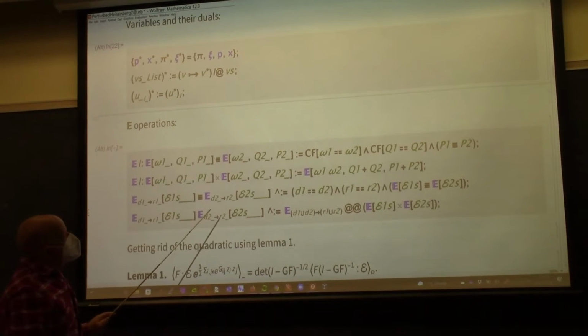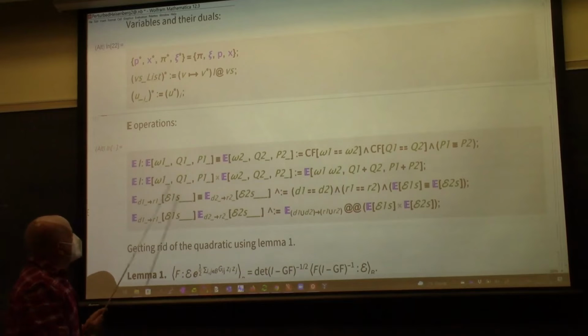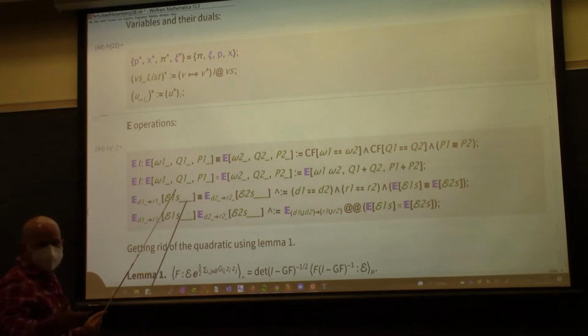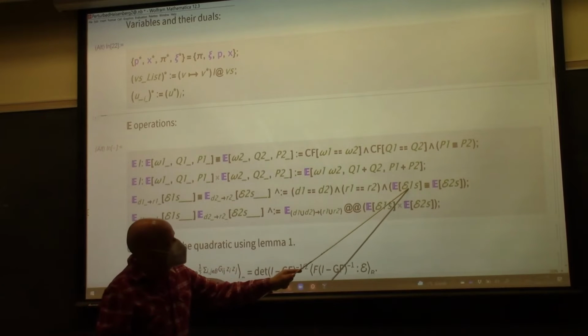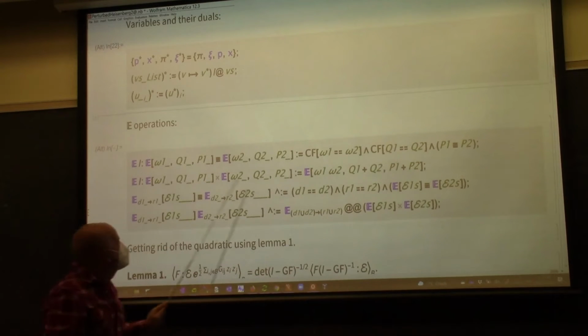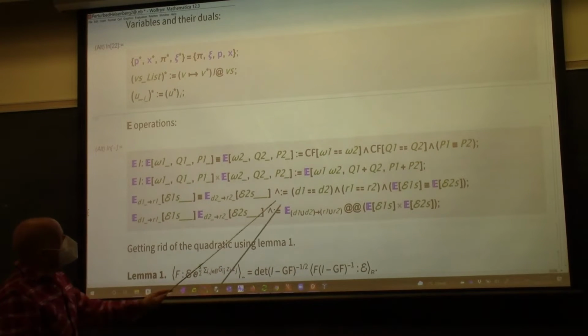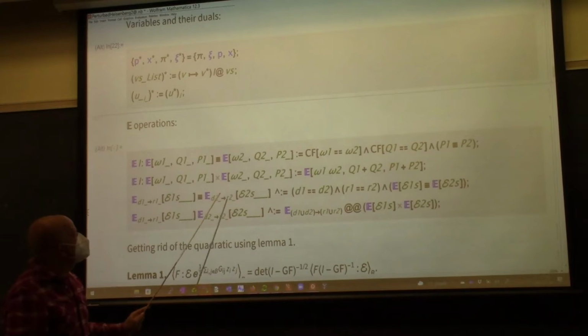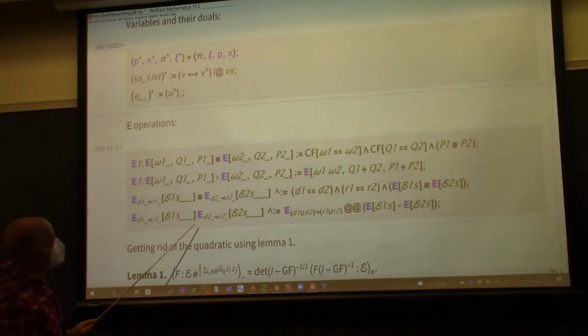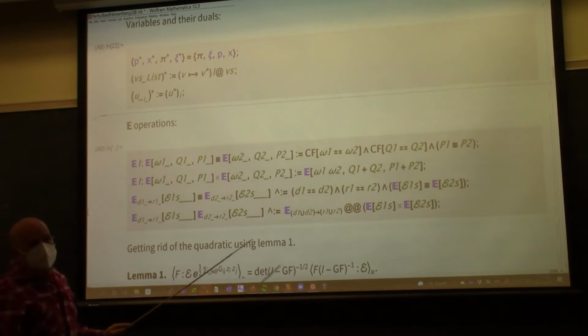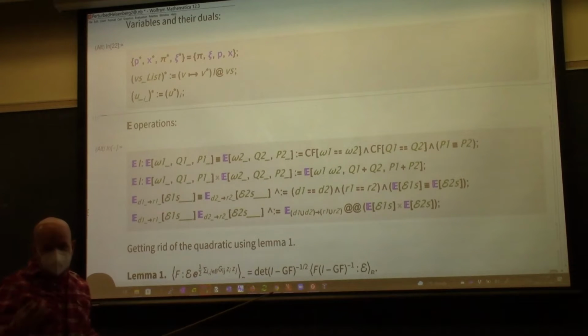Then, how do you compare two morphisms that are generating functions? Well, you compare the functions, but you also make sure that the domains are equal and the ranges are equal. And finally, how do you multiply two morphisms as opposed to just functions?